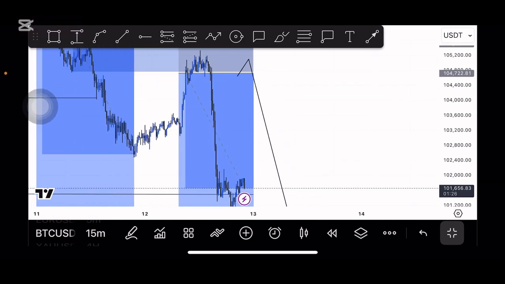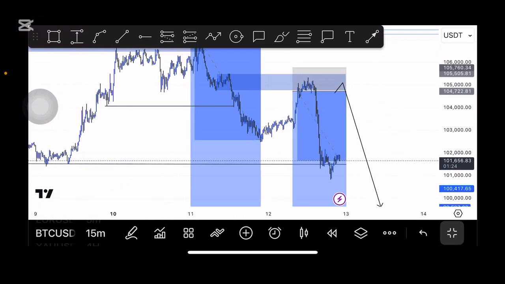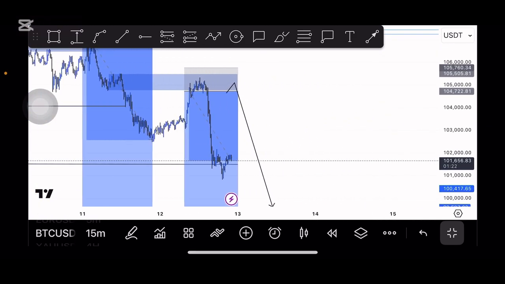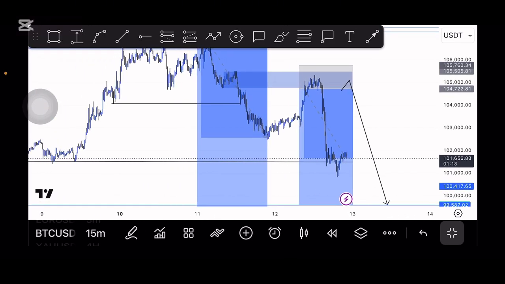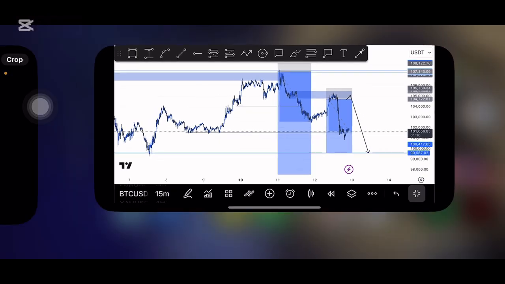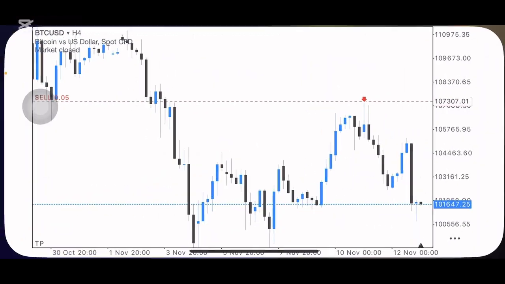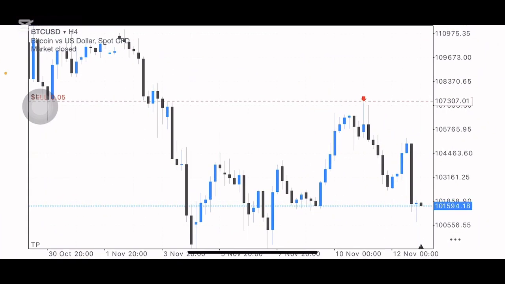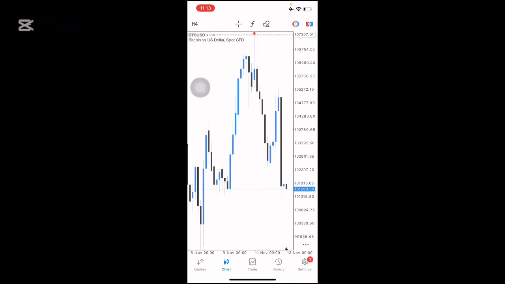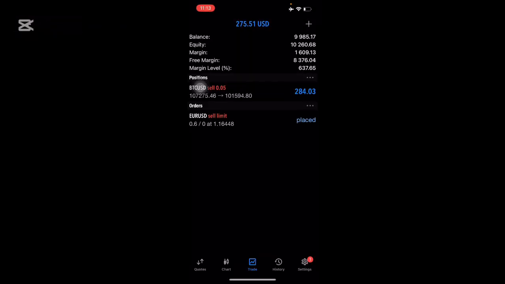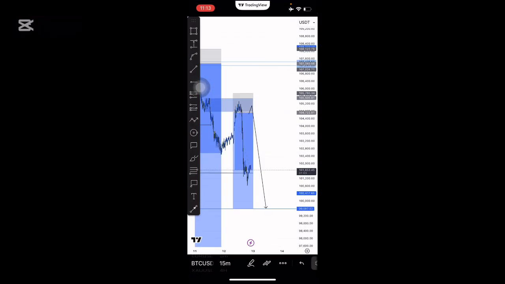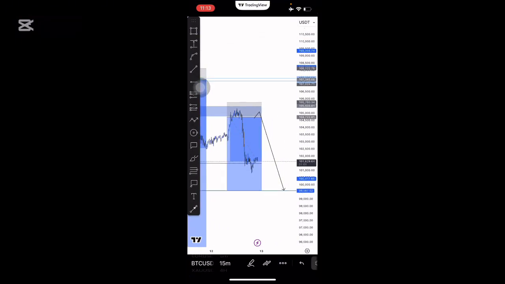Now this is where we got our second entry from, but unfortunately I was not active. We didn't take the second entry. So this is how we clearly trade this market, and we're actually up in profits of about 180.